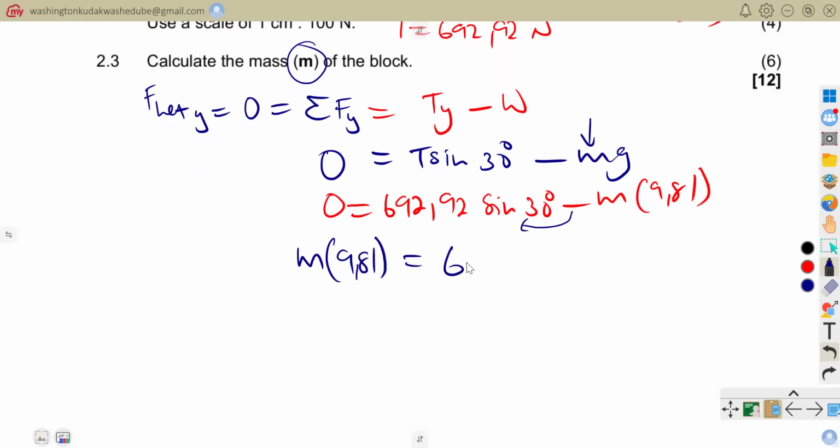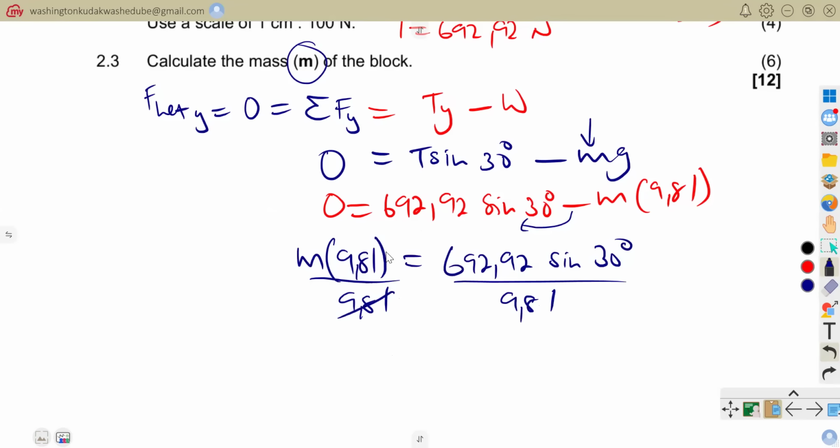This remains as 692.92 sine 30. I will divide throughout by 9.81, and then 9.81 over 9.81 is 1 times m. We are just left with m. So my m there would be 692.92 sine 30 divided by 9.81.